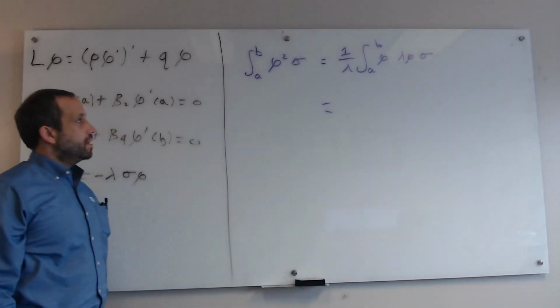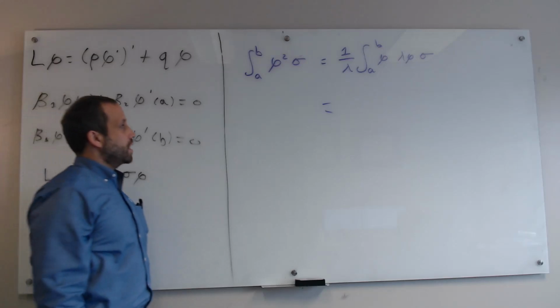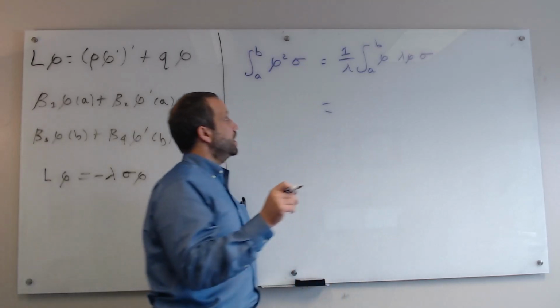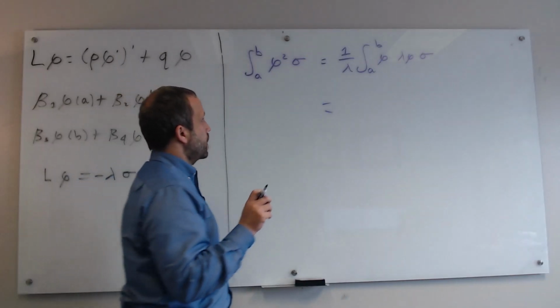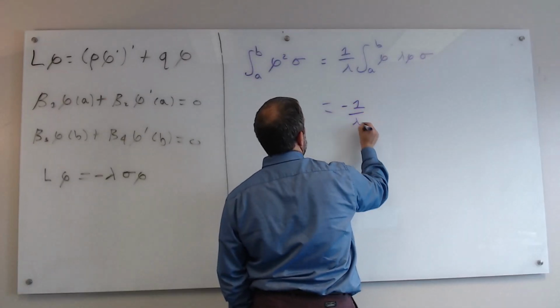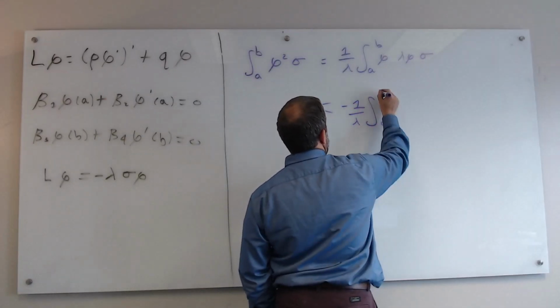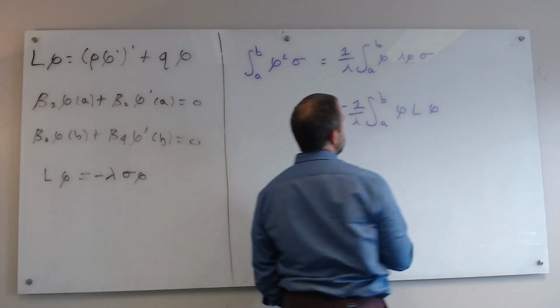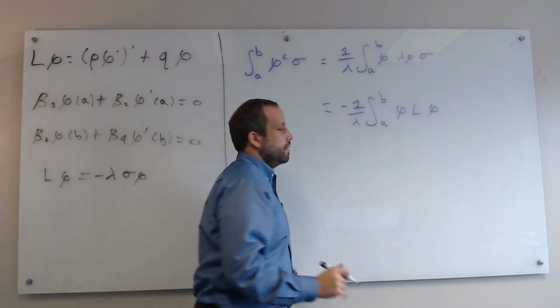Now if phi is an eigenfunction and lambda is a corresponding eigenvalue, we can simply write this as minus 1 over lambda times the integral from a to b of phi L phi, because lambda phi sigma is going to be minus L phi.